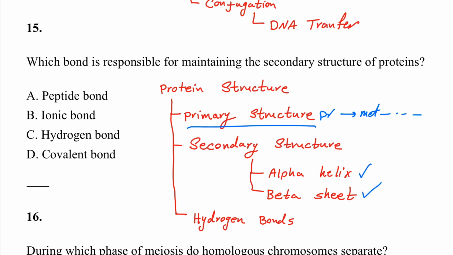These structures are stabilized by hydrogen bonds, which form between different parts of the protein backbone. Without these hydrogen bonds, the secondary structure would collapse. Therefore, hydrogen bonds maintain the secondary structure of protein. Option C.